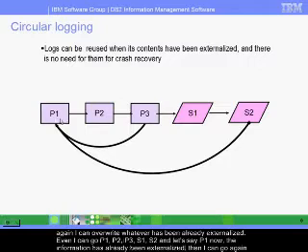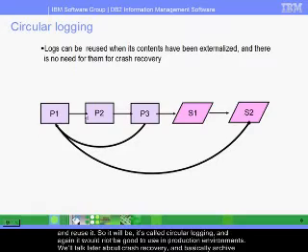The same thing applies to whatever has already been externalized. I can go P1, P2, P3, S1, S2, and once P1's information has been externalized, I can go again and reuse it. So it's called circular logging, and again it is not good to use in production environments.